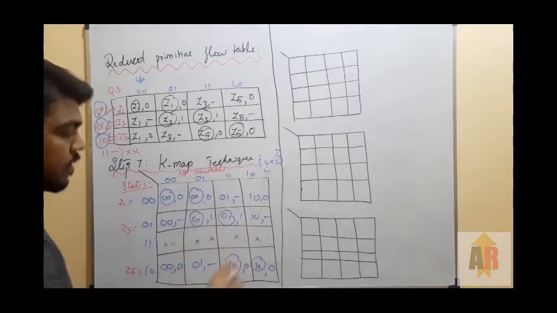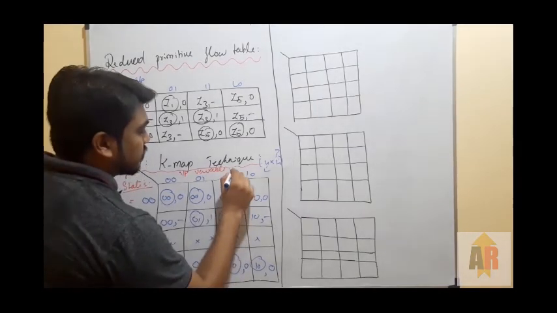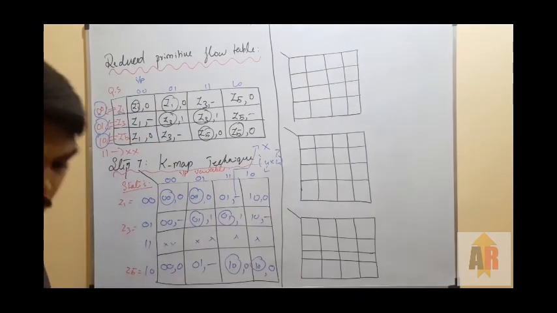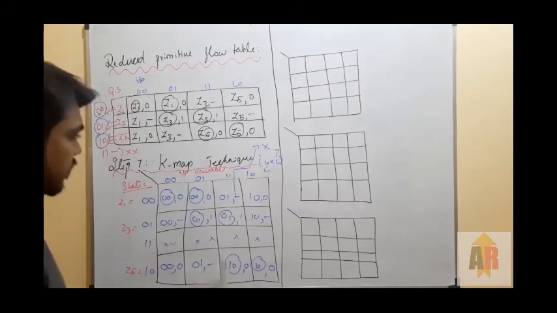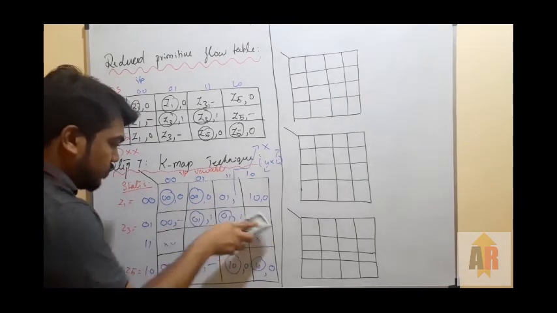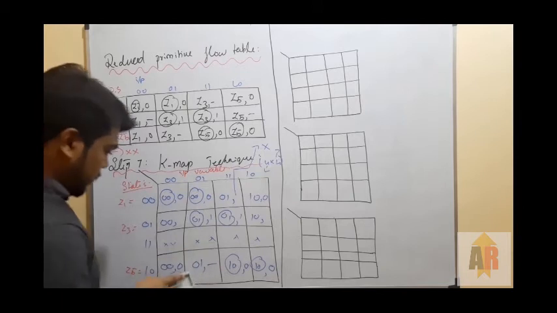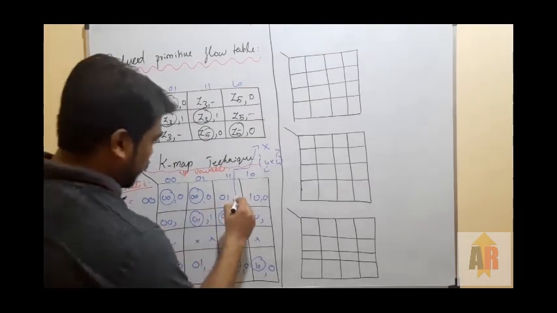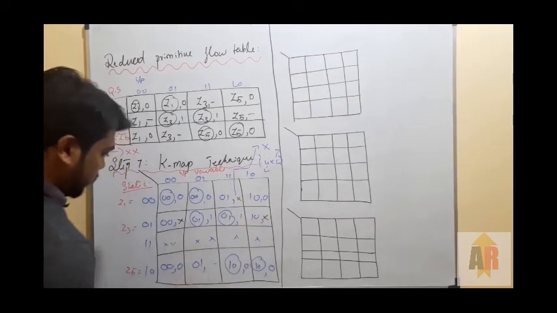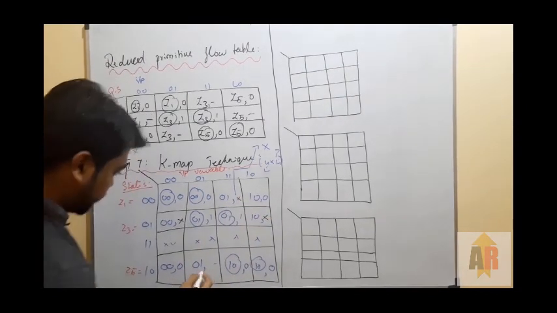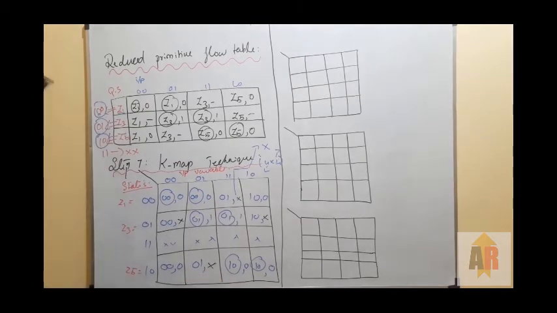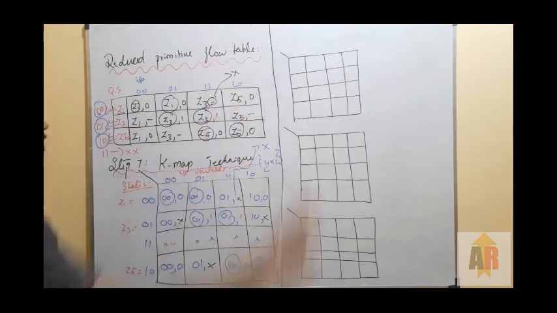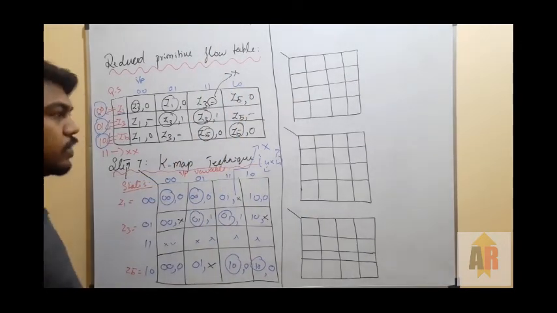And do remember, in some problems, instead of this dash, while you are mentioning it in the K-map, you will be using X. Most of the problems change it to X. I put X, which means that I have converted this symbol to X. Both represent the same thing, so no need to worry about anything.